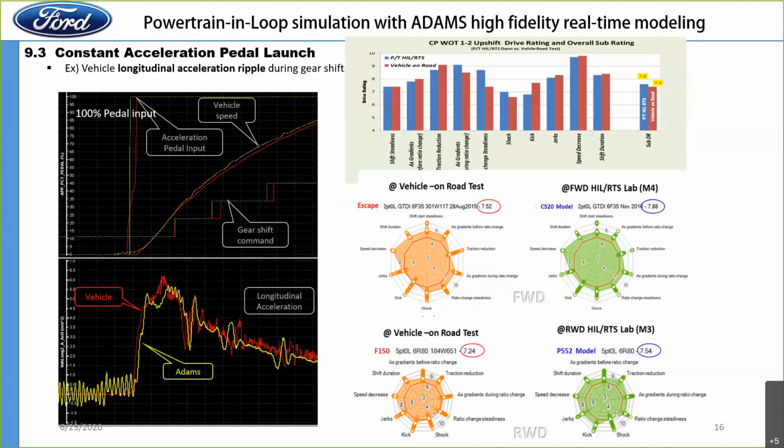On the top of the chart is what we ran for the AVL Drive rating, the vehicle versus the test cell. The blue one is the test cell, and the red one is the vehicle. You will see it's trending very well with the AVL Drive rating here, and the overall score is very close.